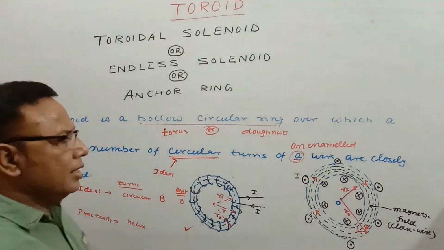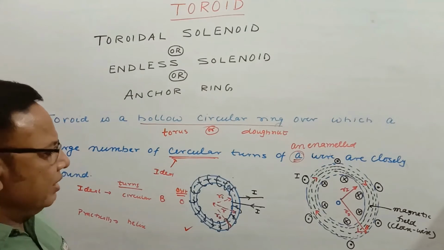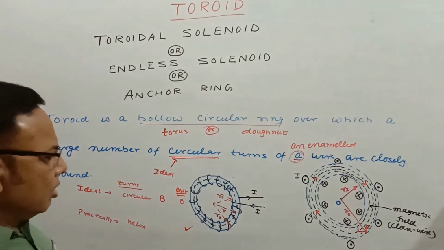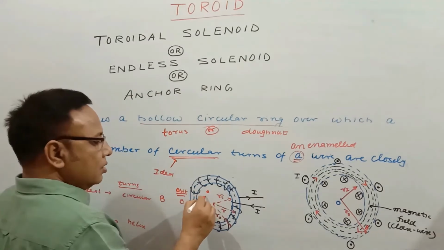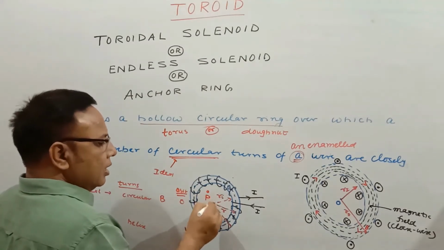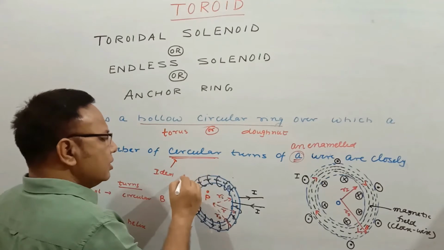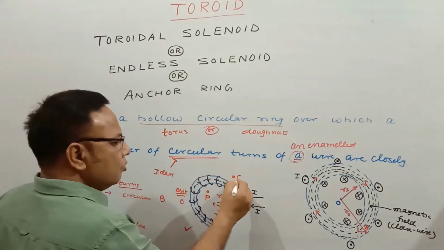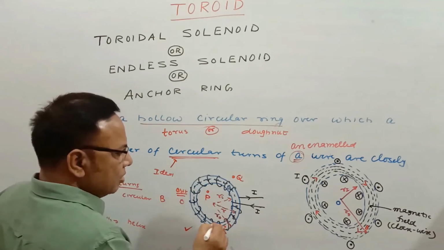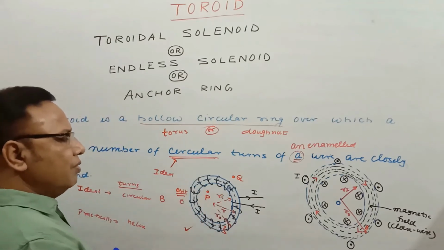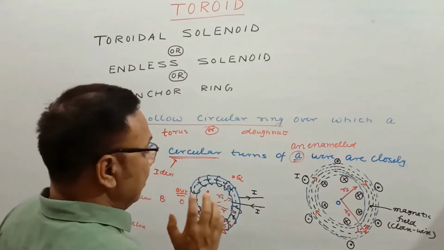Now we are going to see the magnetic field at different points of the toroid. Suppose in the open space inside here, say at P inside, outside say at any point Q, inside the core say at any point S. So at these 3 points we are going to find out the magnetic field using Ampere's circuital law.